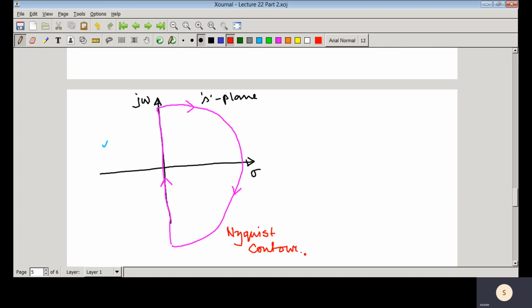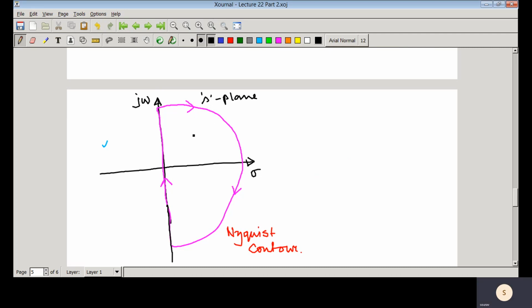So if there are any poles or zeros, then we need to take the contour excluding those poles and zeros. So we have taken a contour in the S plane that covers the whole closed right half of the S plane.